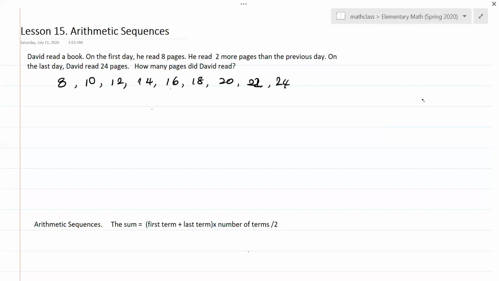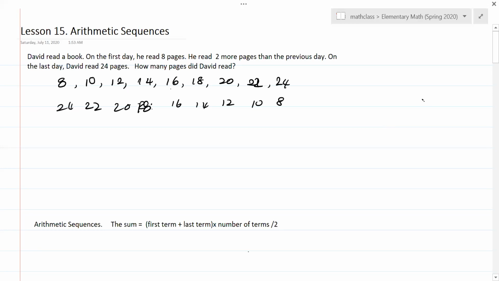So what I'm going to do is, the standard method is I reverse the order, okay? So I begin with 8 here, then 10, then 12, and 14, 16, right? And then 18, 20, 22, 24.